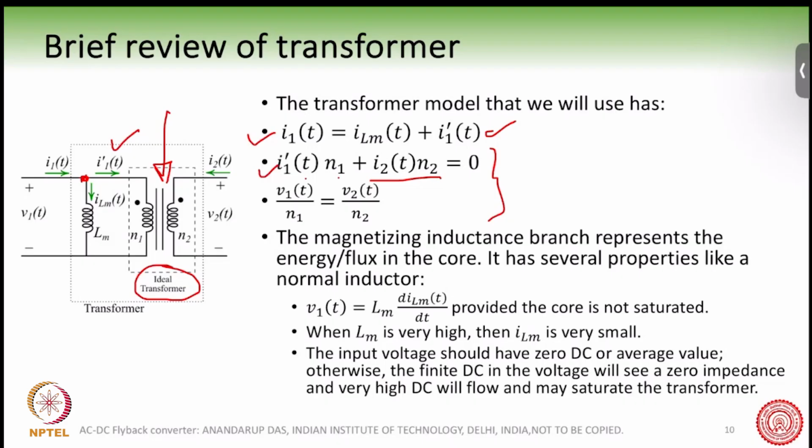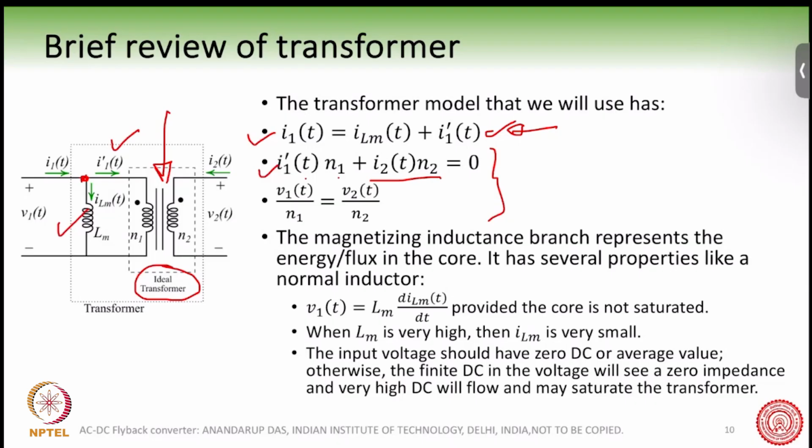Now the Lm comes into the picture, and it is taken care of by this equation here. The current ILM is flowing.